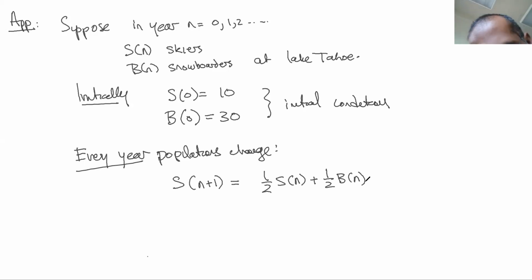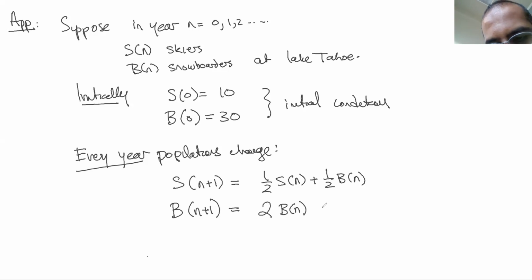Because, I don't know, half the skiers turn into snowboarders. You can think about why that might happen. But the number of snowboarders also changes. Every year the population doubles. But then some of them disappear, and the number who disappear is exactly equal to the number of skiers. Maybe they get hit by skiers or something. So this is what's called a discrete dynamical system.